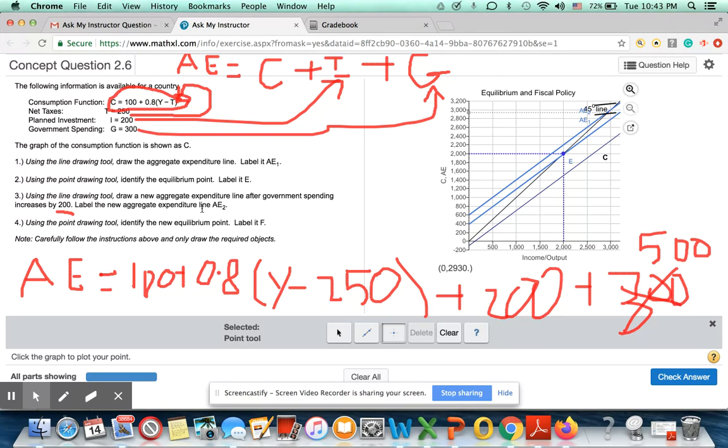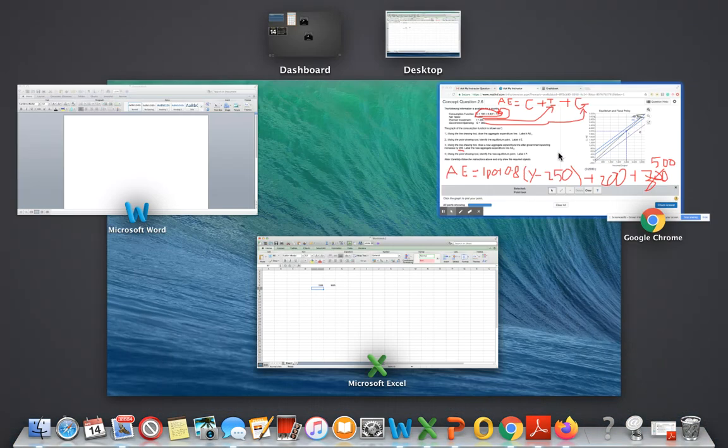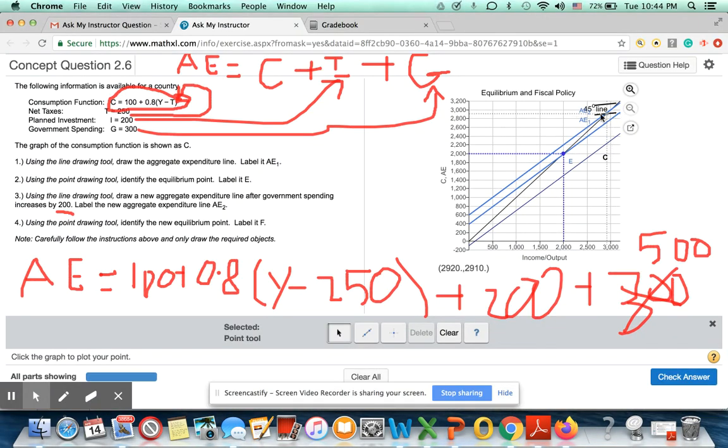If you are not sure, go to this equation right here, 3000, and you see aggregate expenditure should be 3000, so we're right. 3000 and 3000.